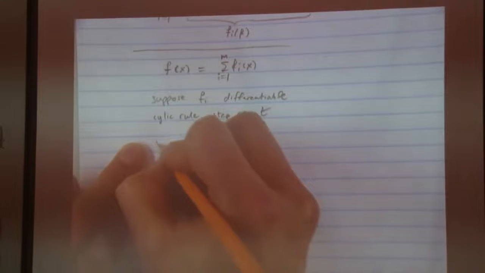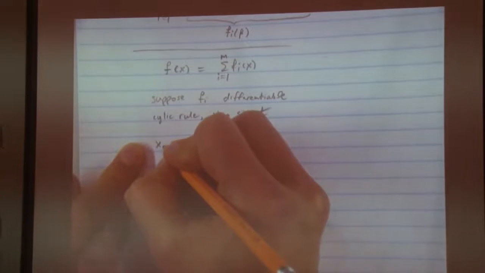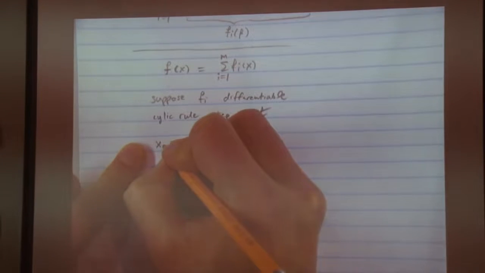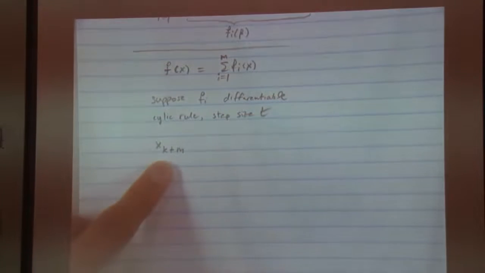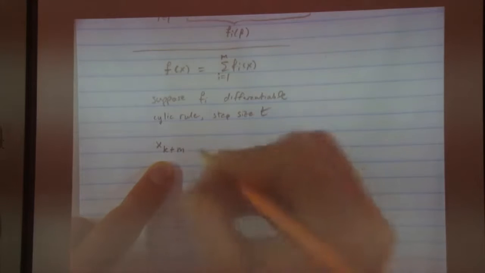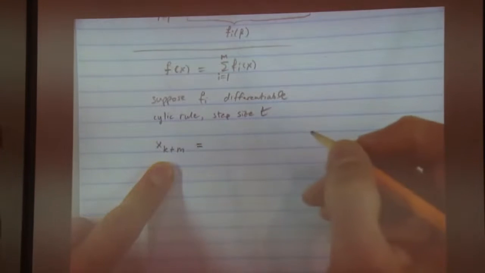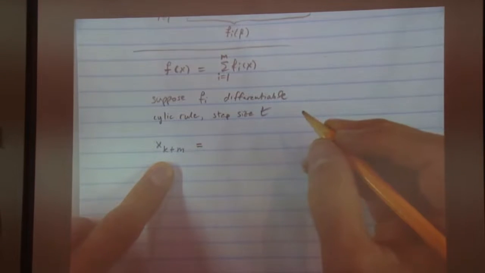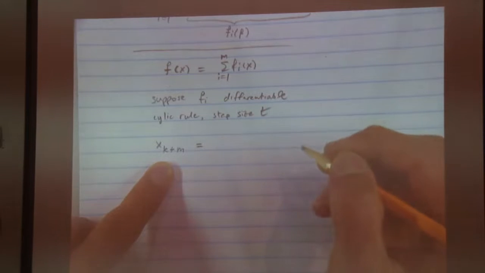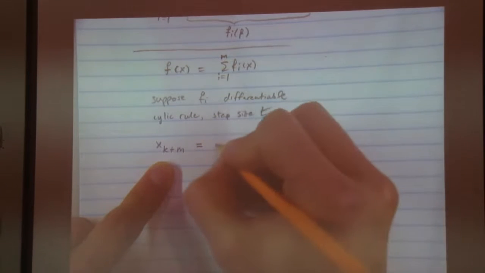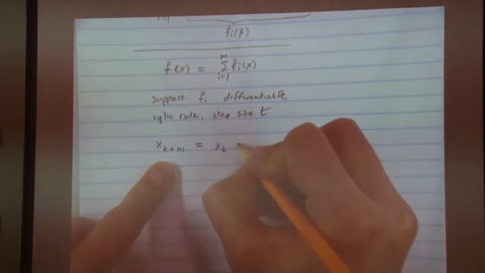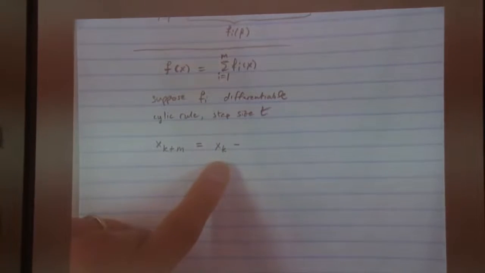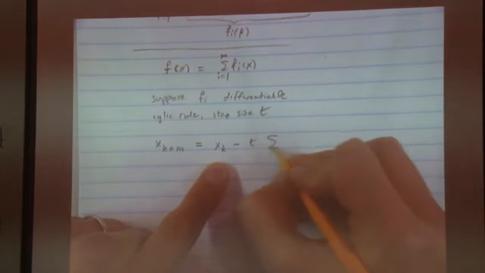So suppose we start at step k. After m stochastic updates, I claim that what I'm going to get is this update.